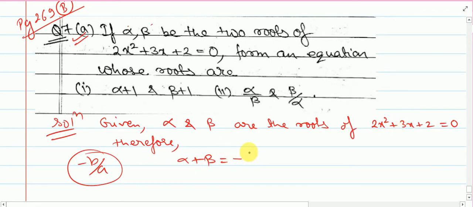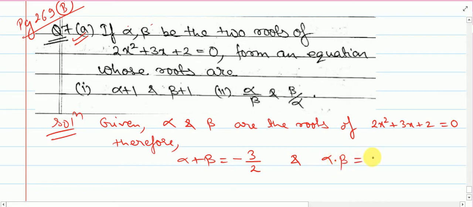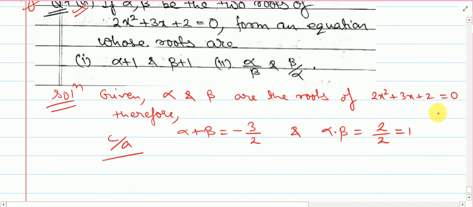So you'll write 3 and your a is how much? 2. So you are getting minus 3 by 2. Done. And alpha into beta, that means product of the roots, will be what? c upon a. So what is your c? It's 2. So 2 upon 2, yes, it will come 1. So from there we have concluded that alpha plus beta will be minus 3 by 2 and alpha into beta will be 1.